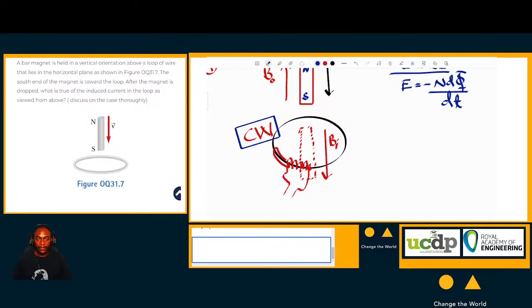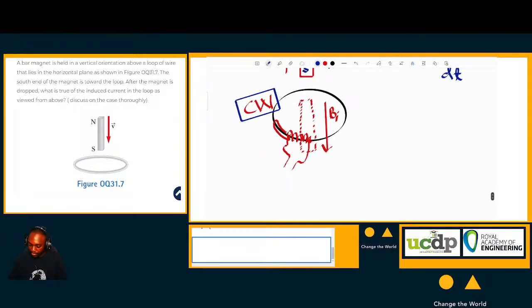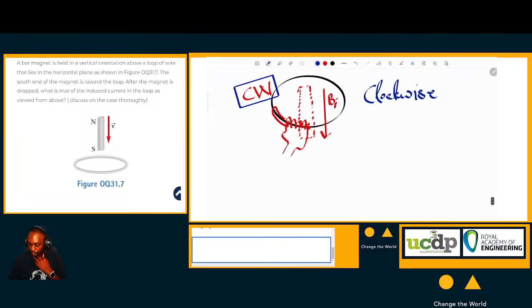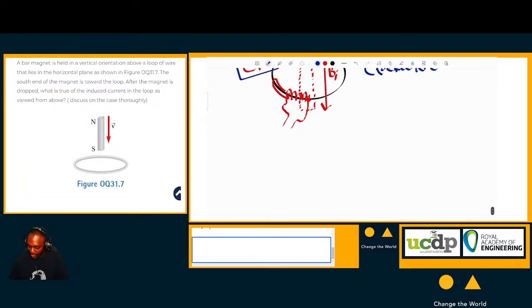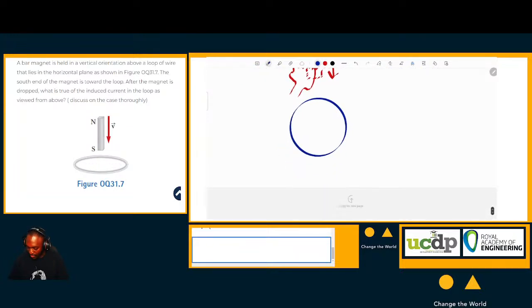All right, so we can also now look at what would happen if, so here we've established that our answer is going to be clockwise. Now let's consider a scenario that's not in the question, but we just want to visualize this.